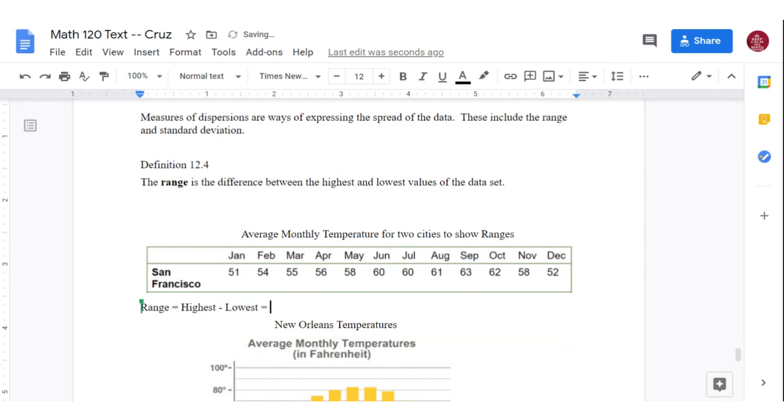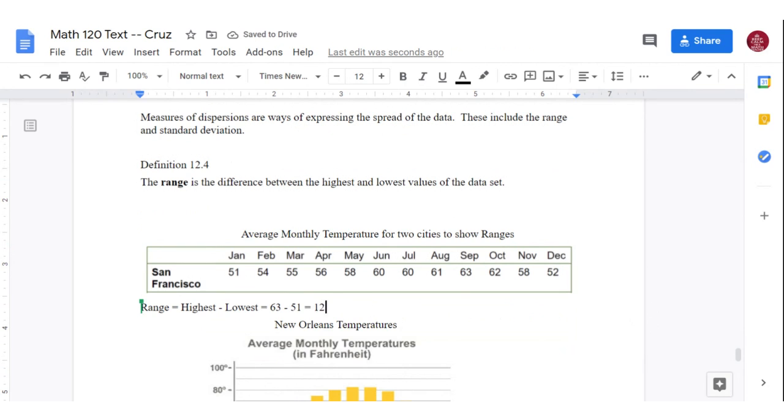So in this case, if you look along there, right above that, you'll see that the highest value is 63. And the 63 is in September, and then the lowest value is in January, which is 51. And so we just subtract, and that gives us a value of 12.